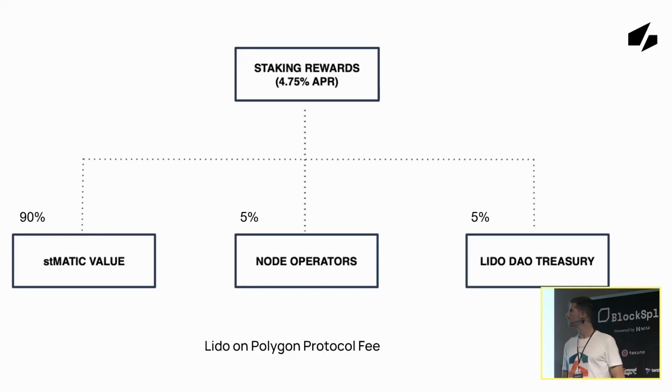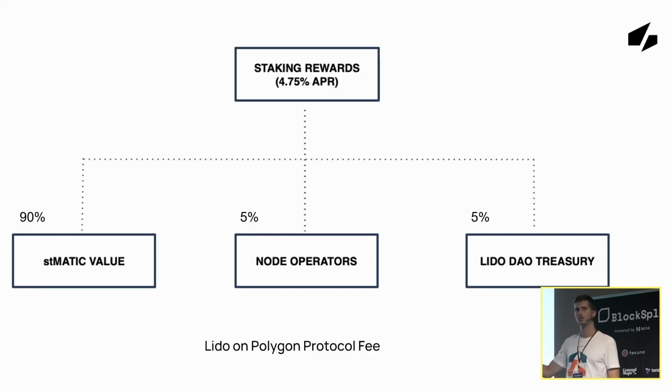Now to explain what are the fees, how is the reward distribution working. Currently, staking rewards on the Polygon POS networks are around 4.7%. Out of these rewards, 10% is for fees.